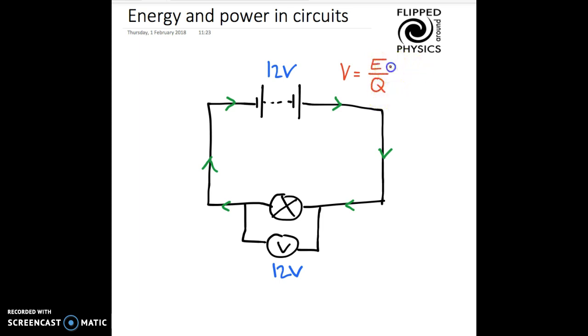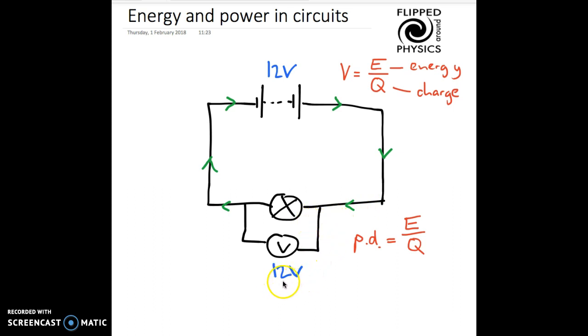Okay, so this E is the energy, and the Q is the charge. So 12 volts means that each coulomb carries 12 joules of energy. Okay, so when the charges pass through the bulb in the circuit, energy is given up.